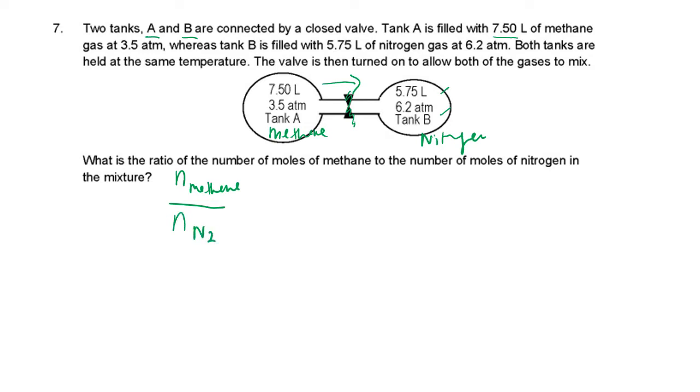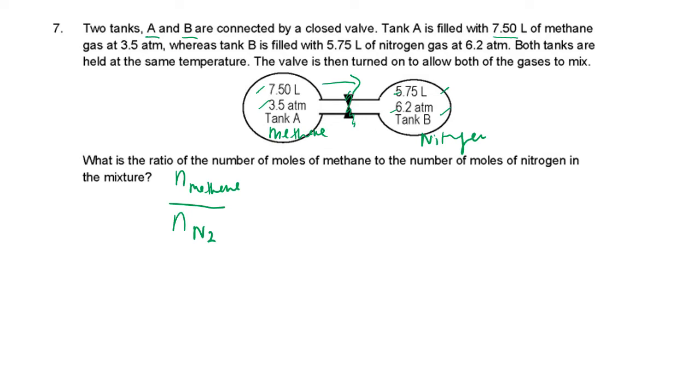So what should we do here? Do we have the number of mole? We don't have the number of mole. Therefore, we need to relate. What information do we have right now? We have only the volume and the pressure. When the valve is turned on, methane and nitrogen will mix.